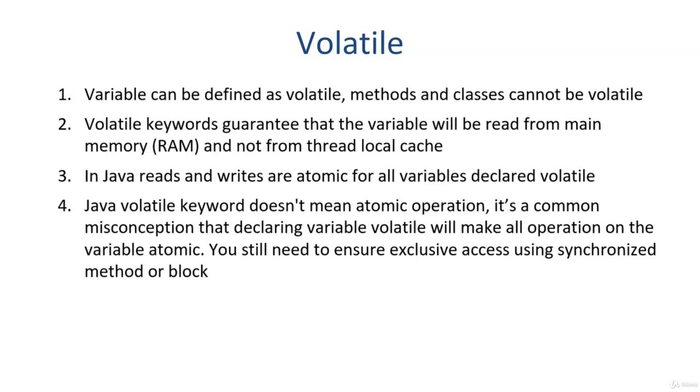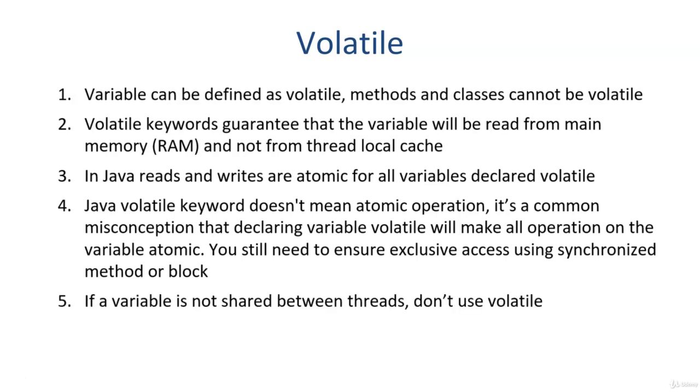It may not be in the local cache, but while doing the operation, they can have a stale value of the volatile variable. So we still need to synchronize, or we still need to have a lock, if there are multiple threads trying to access that variable. We'll be seeing this example in our future section.